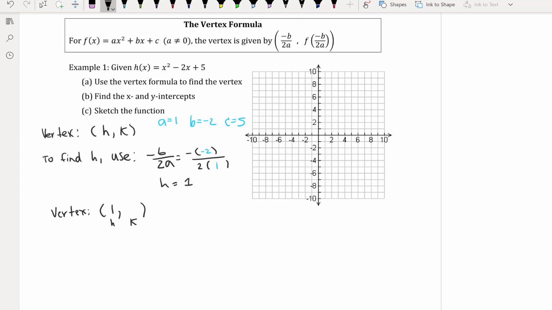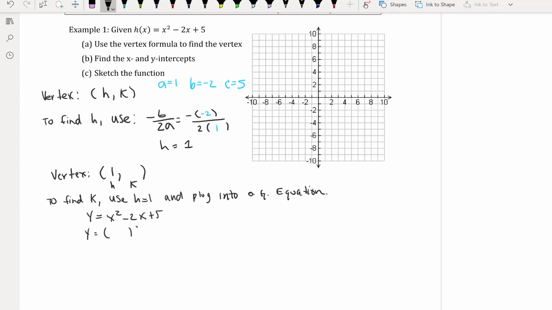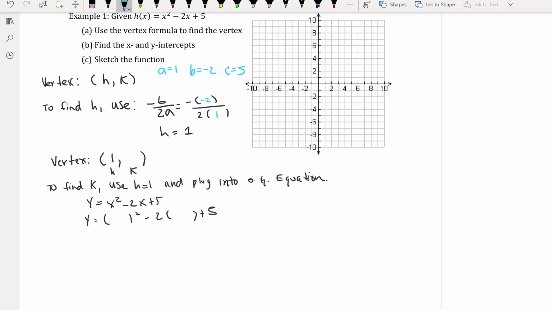Now to find the k value, I plug it back into my original equation. So I have that y is equal to x squared minus 2x plus 5. So that h value that I'm plugging in is going to be my 1.